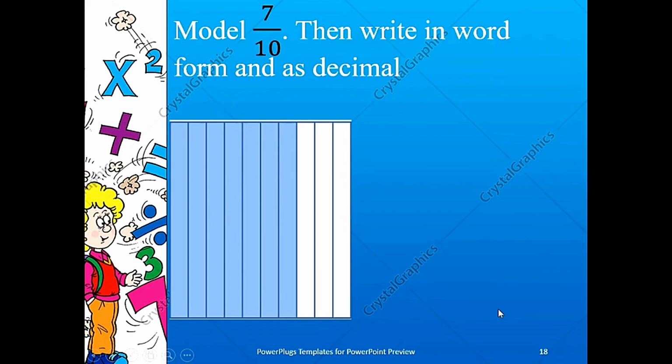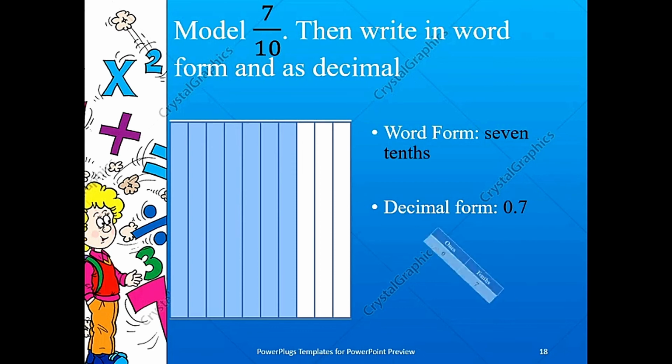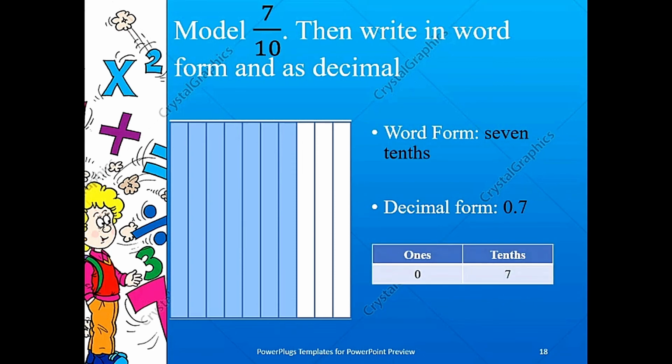After shading 7 columns out of 10, the word form is 7 tenths. And our decimal form is 0.7. In the decimal place value chart, 0 is our ones, decimal point, and our tenths is 7.